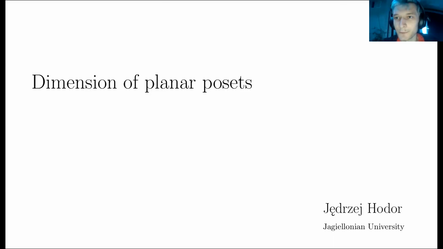Okay, so I think the introduction is already covered, so let us just start. And the first thing to explain is what is a poset. So a poset usually is drawn as some dots and some arrows, and this is some example of a poset.